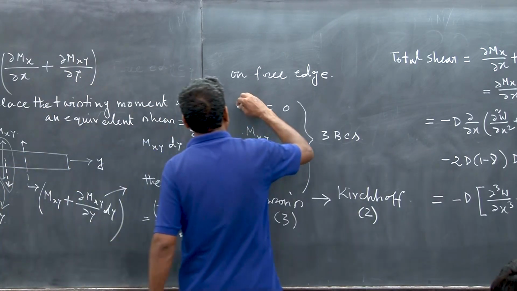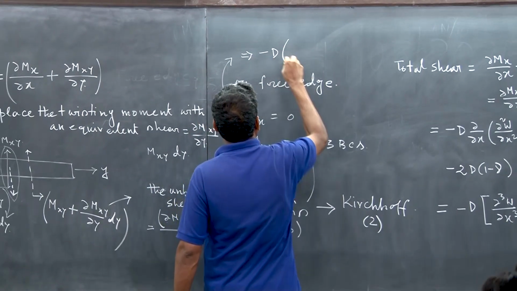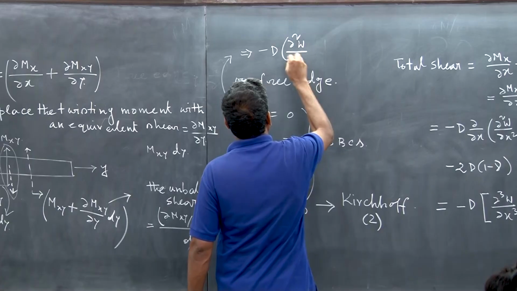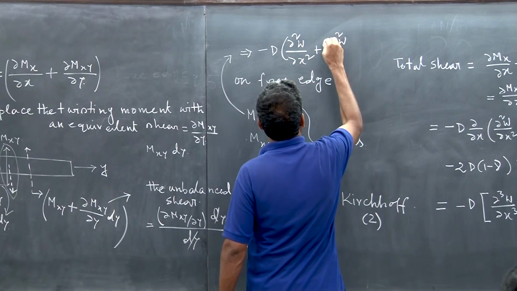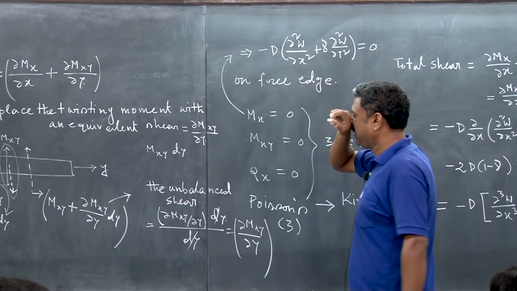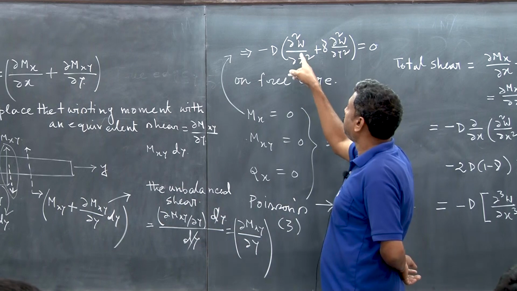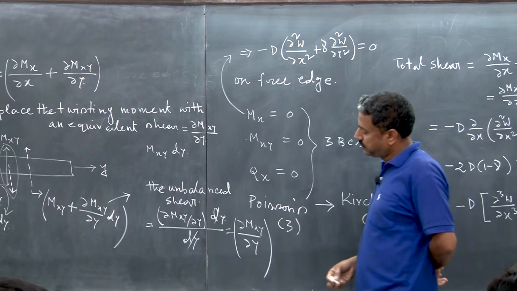And then Mx, here in the free edge, the bending moment, of course, you want to convert into displacement. Of course, this will give another equation, d2w del x2 plus d2, fine, right?